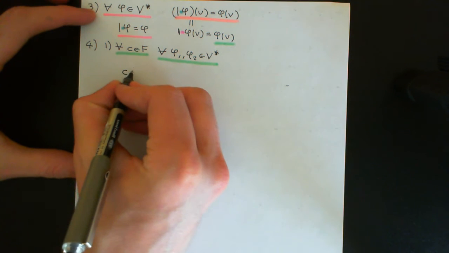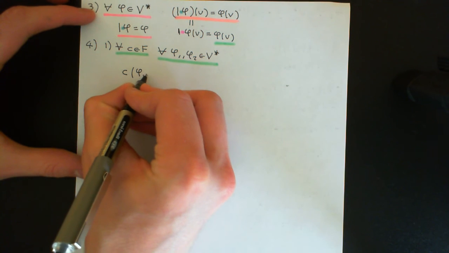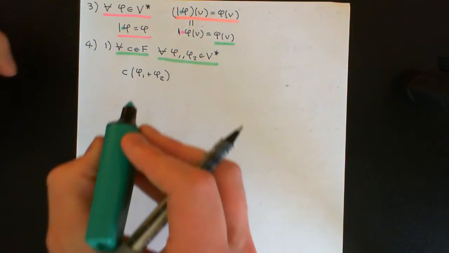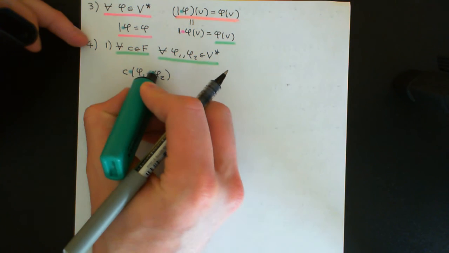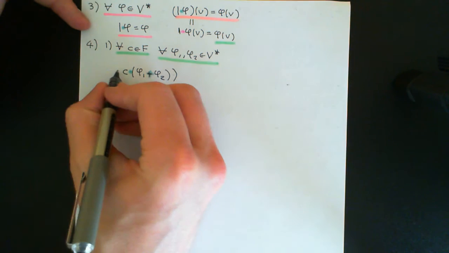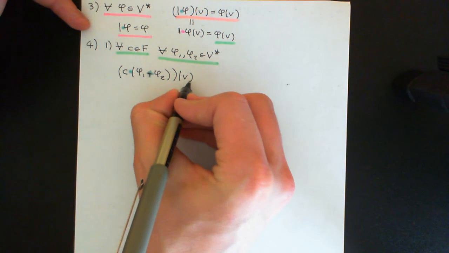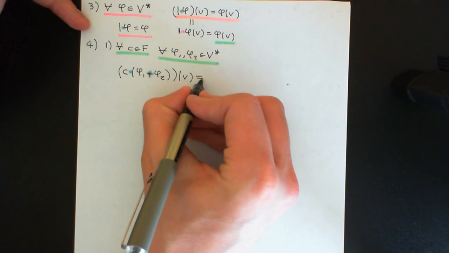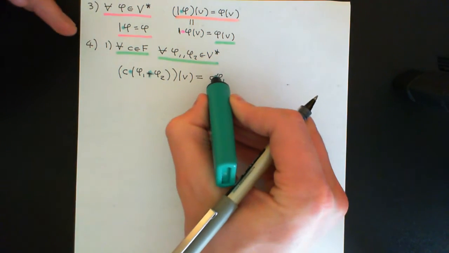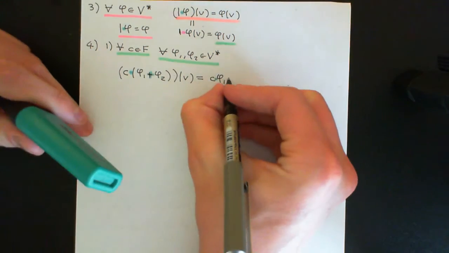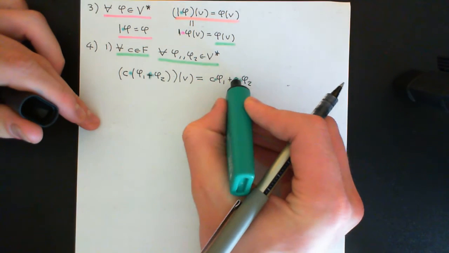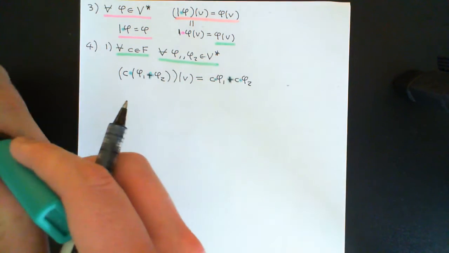if we consider what C scalar multiplying phi1 plus phi2 is equal to, where all of these operations, the scalar multiplication here and the addition here, is done in our dual vector space, this must equal as a function, so this is going to be some function in the dual vector space, this must be as a function equal to C times phi1, where again this is scalar multiplication here in the dual vector space, plus C times phi2, where again this is scalar multiplication in the dual vector space, and this is addition in the dual vector space.